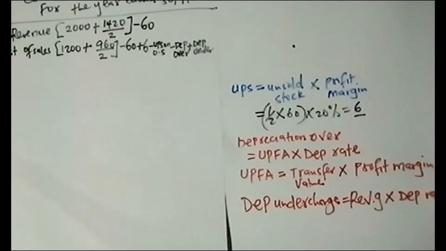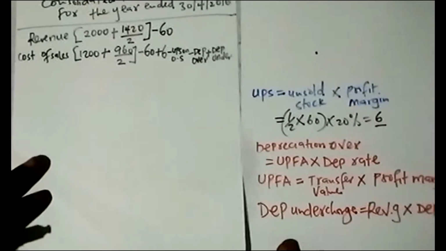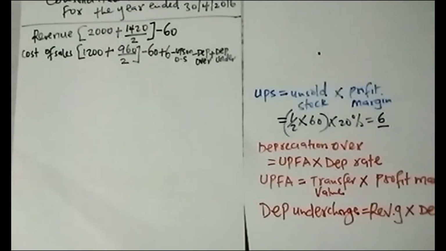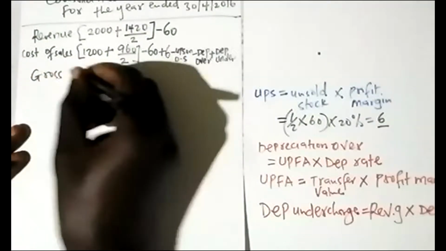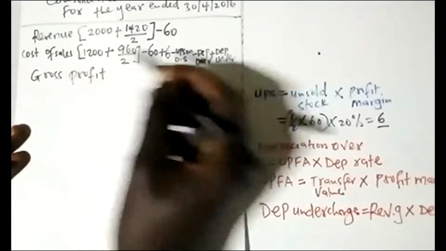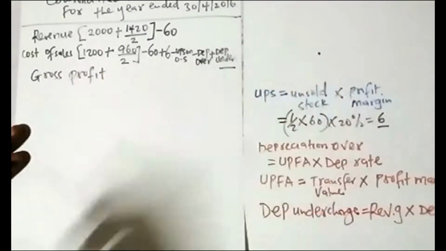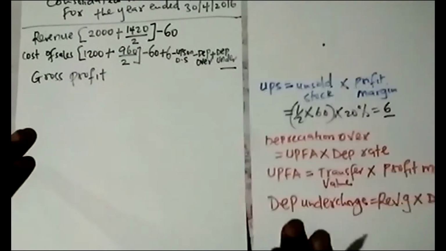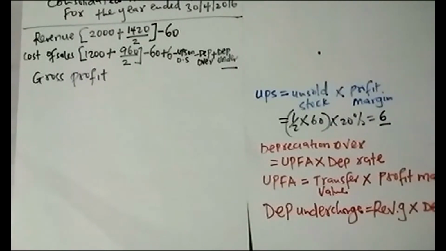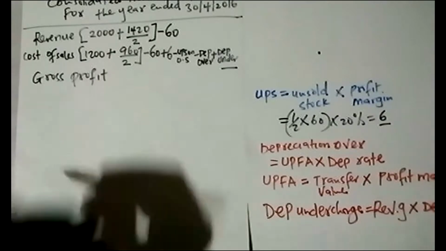So I'm done with cost of sales, and that is the one which takes a bit of our time. The others are direct. So after revenue minus cost of sales, that is the gross profit. After the gross profit, you talk about other expenses. Like now in this question, after this, we have distribution and admin expense.